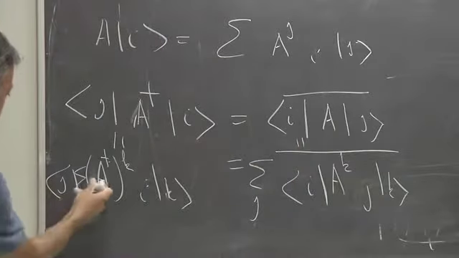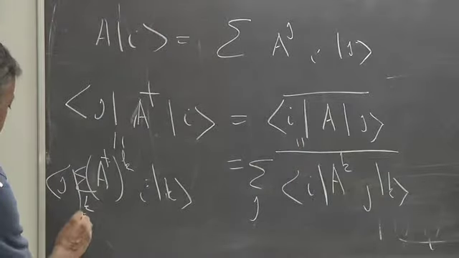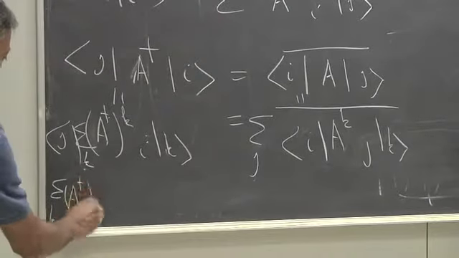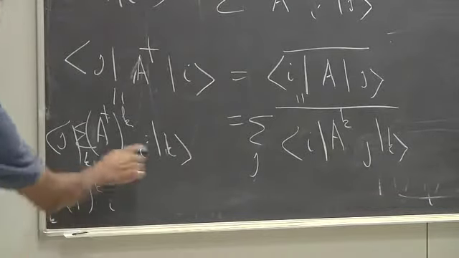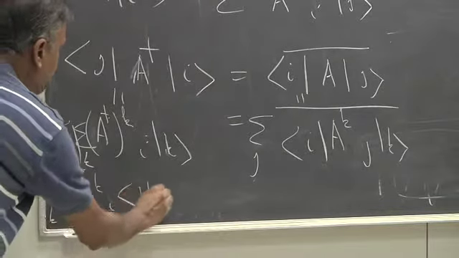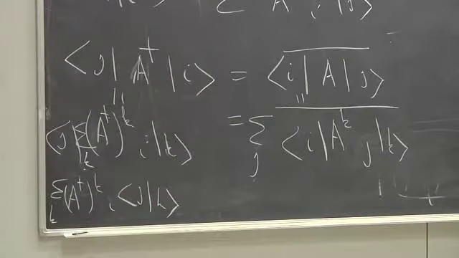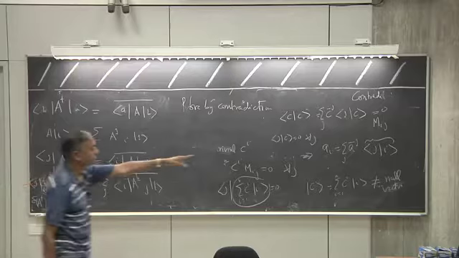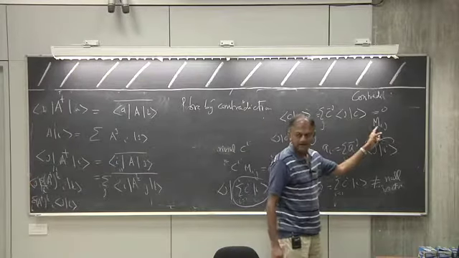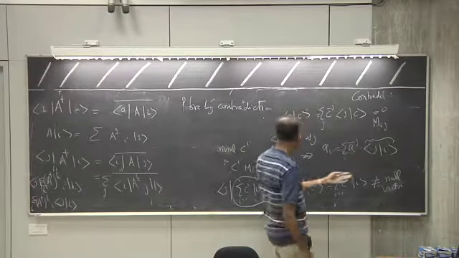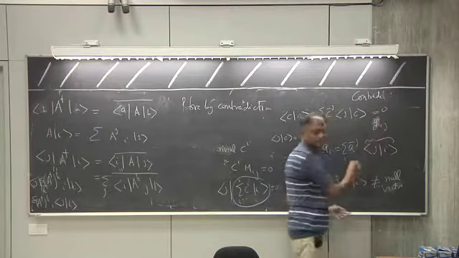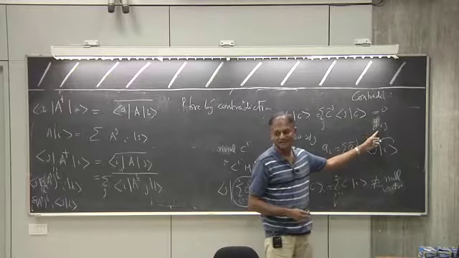Let's further simplify this. These are numbers, so I can take them out. So we get the sum over k of A adjoint_ki times the inner product of e_k with e_j, which is what I was calling M_kj with this notation. Actually, I don't know why I used M. Let me use G, okay? Let me use the symbol G for a definite reason. Actually, this is the metric.